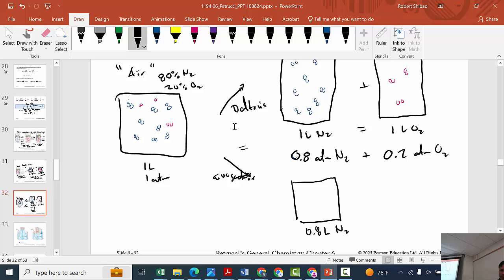The 0.8 liters of nitrogen. And then how many liters of oxygen do I have?